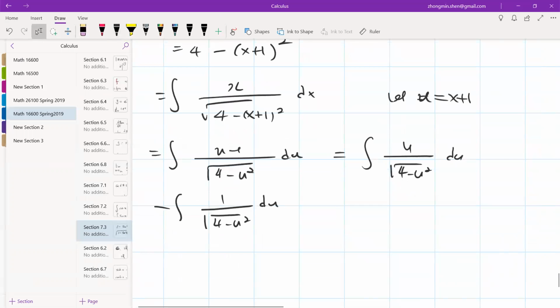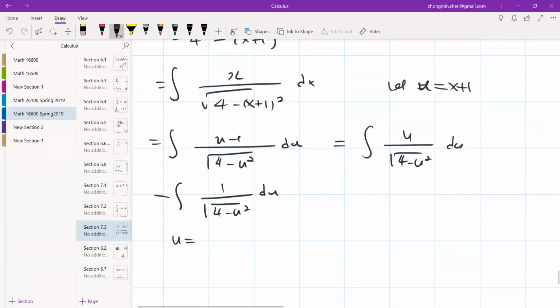But you can also do it together. Okay, the standard substitution is you can let u be 2 sine theta, right? du equals 2 cosine theta d theta. Okay.